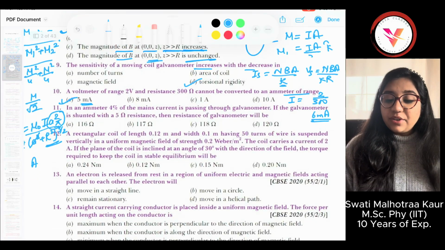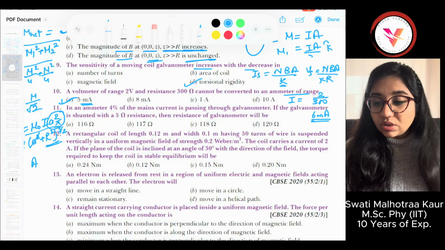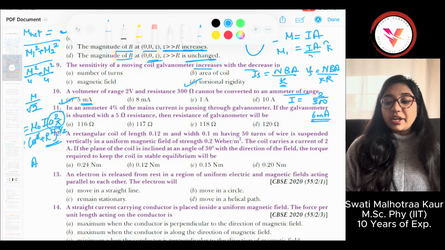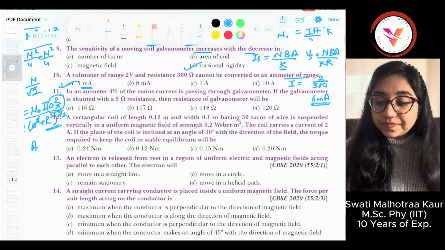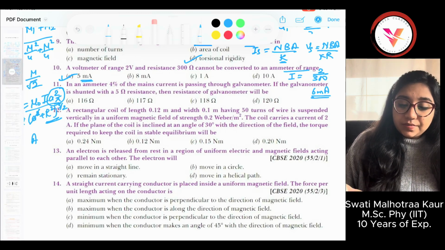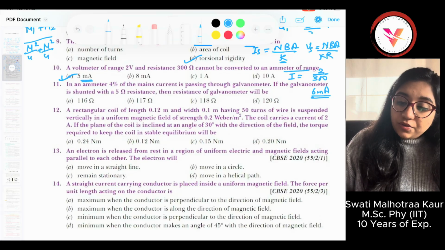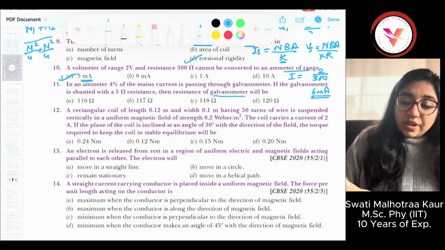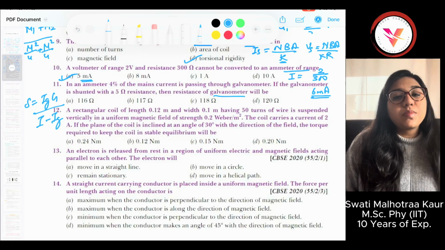Okay, next, in an ammeter, 4% of the main current is passing through the galvanometer. If the galvanometer is shunted with a 5 ohm resistance, then find the resistance of the galvanometer. So you can use the formula here. You have to calculate the resistance of the galvanometer. G S is equal to I g G over I minus I g.